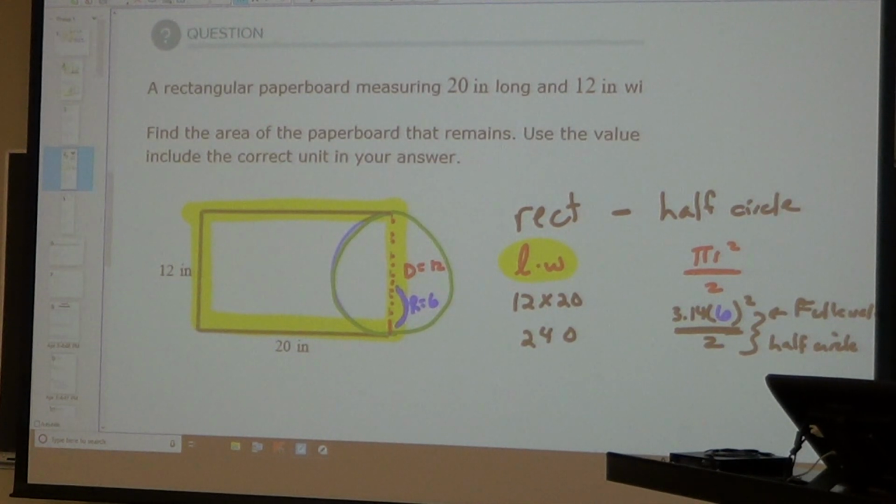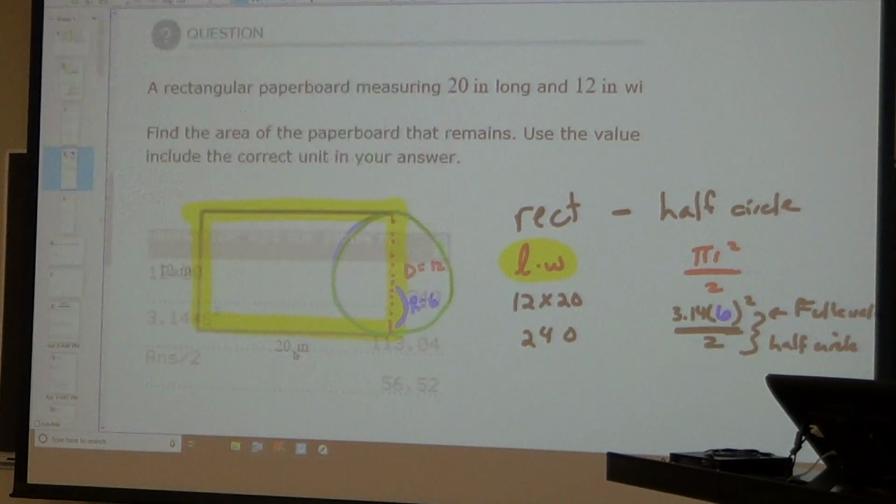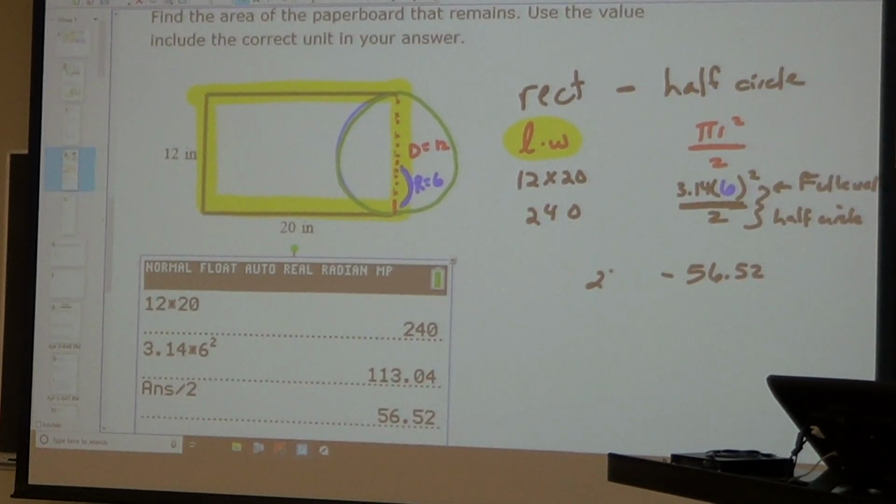So I'm going to go to my calculator and I'm going to do, we did the 12 by 20. Then I'm going to do 3.14 times 6 to the second, which is a full circle. But I'm going to cut it in half to give me a half circle. So 56.52 represents my half circle.